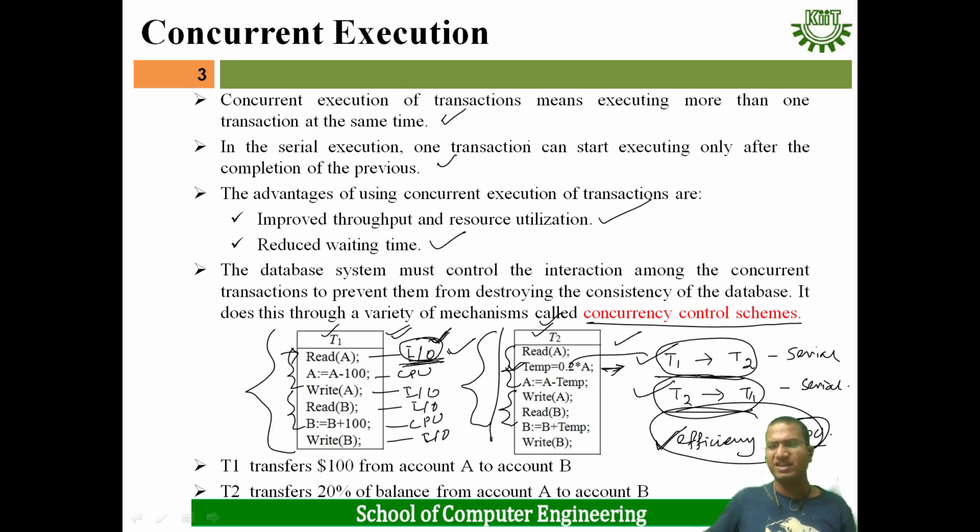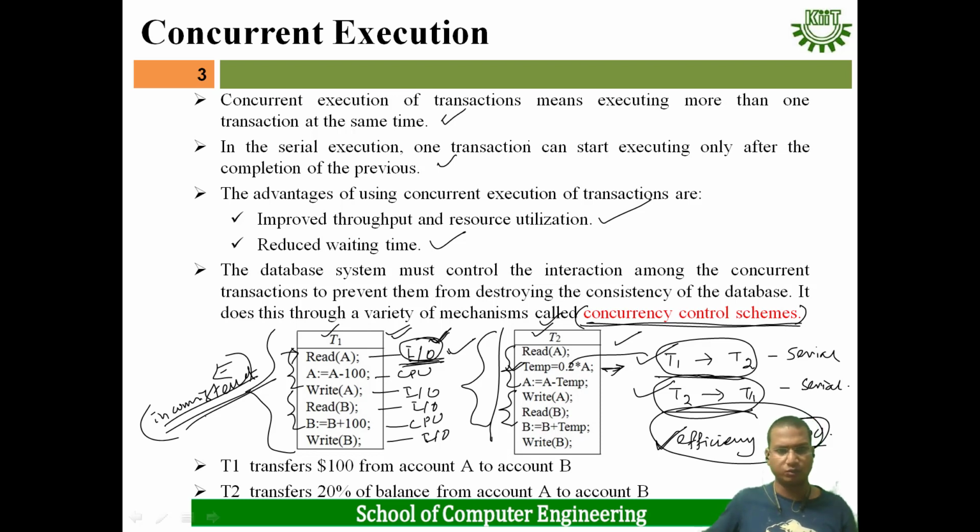The database may go into an inconsistent state. To avoid inconsistency, one mechanism is there, that is the concurrency control mechanism. Using that concurrency control mechanism, we generally get consistency even if the transactions are executed in concurrent manner.